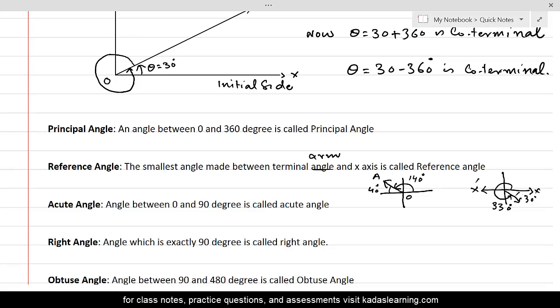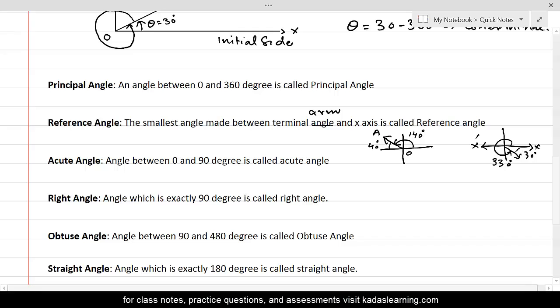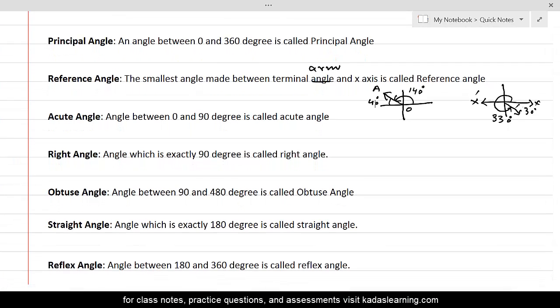Acute angle: any angle between 0 and 90 degrees is called an acute angle. Right angle: an angle which is exactly 90 degrees is called a right angle. In fact, any integral multiple of a right angle is called a quadrantal angle, but that's okay if we don't know the definition. And next is the obtuse angle: any angle between 90 and 180 degrees is called an obtuse angle.